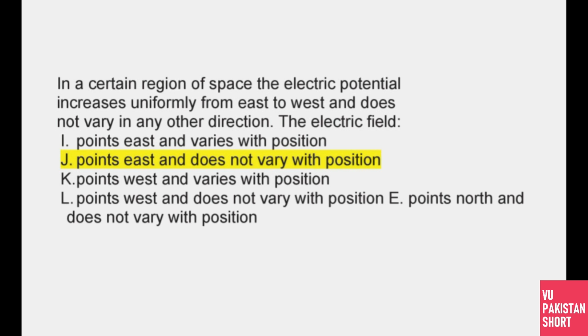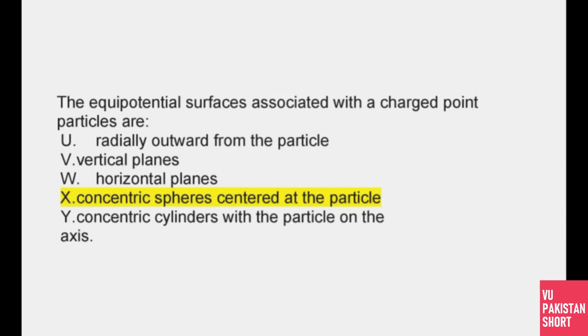The electric field क्या करती है, जो point of east and does not vary with the position, यानी मतलब point to east में होती है लेकिन position vary नहीं करती। Equipotential surfaces associated with a charged point particle are concentric spheres centered at the particle.